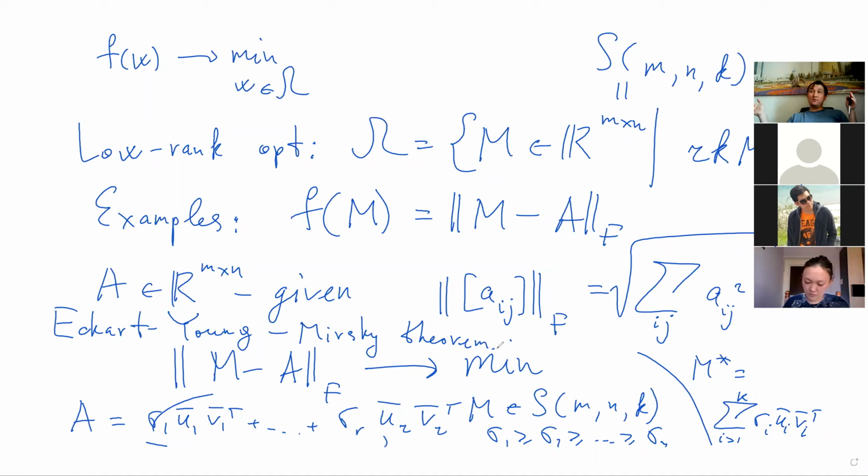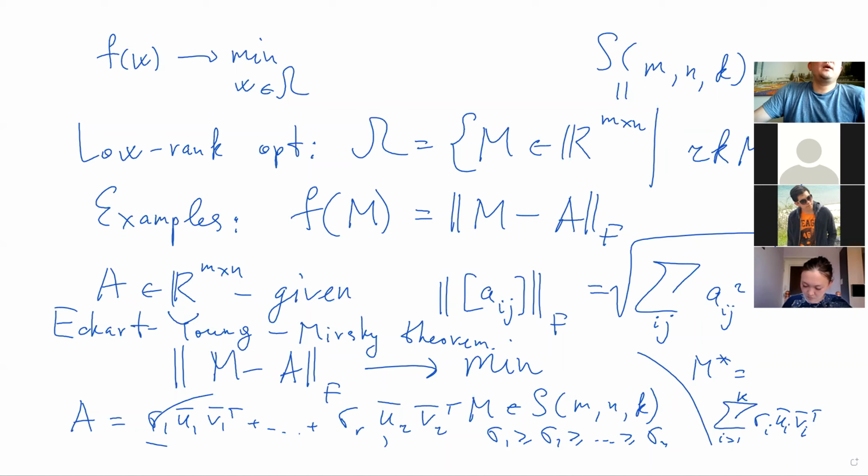Principal component analysis is just part of data science where we take some data matrix, and our goal is to find an approximation of that data matrix with another matrix whose rank is not greater than k. This whole area is called principal component analysis. It turns out that standard principal component analysis is just a special case of this low rank optimization problem.